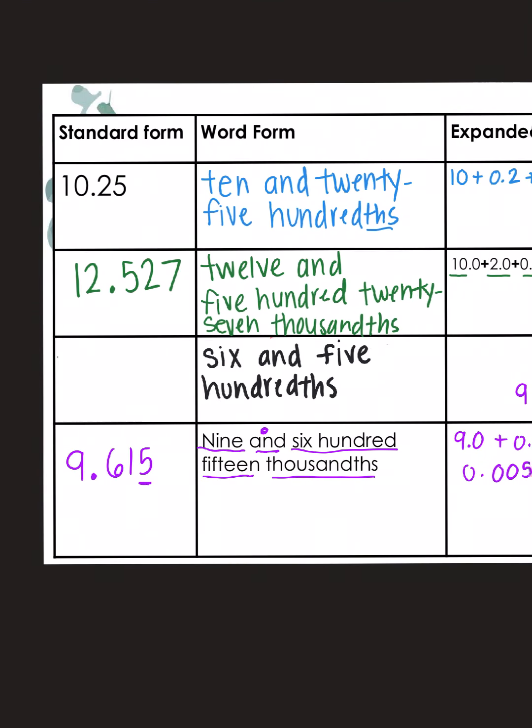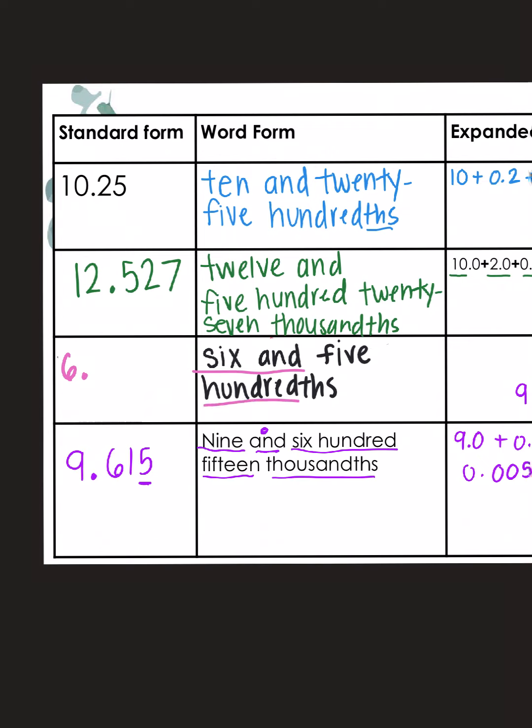For the last one, let's pretend that they gave us the word form 6 and 5 hundredths. This can be a little tricky because you're going to have some zeros that you're going to have to put in. So when I think about it in standard form, I have 6, that's my whole number, and there goes my decimal, 5 hundredths.